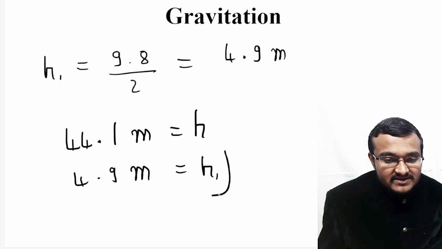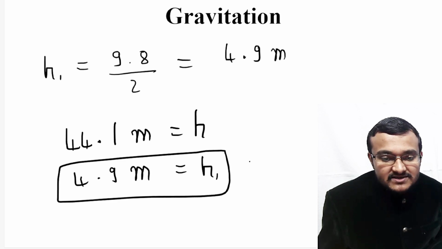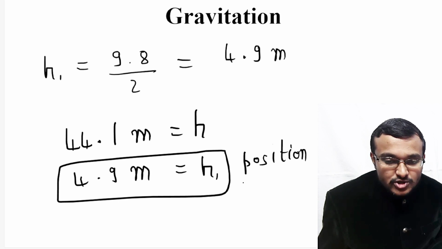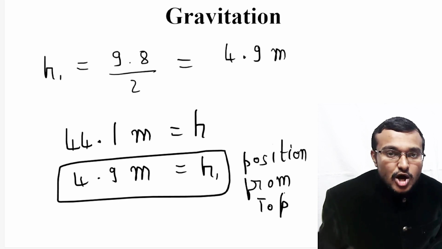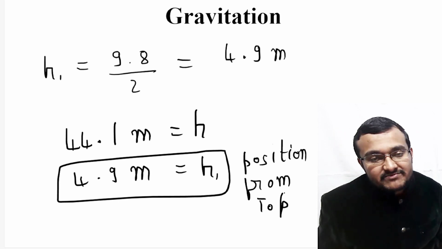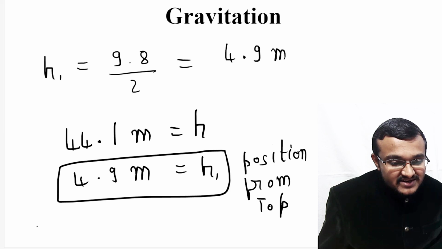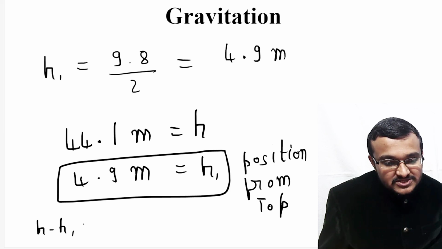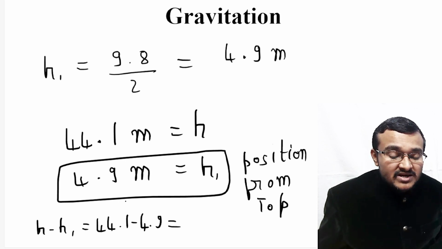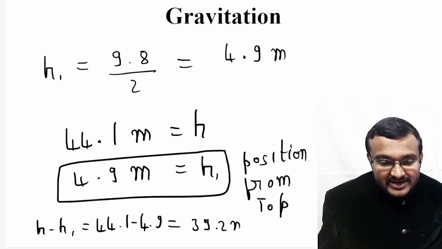This h1 is the position from the top. So from the top towards that position, the height is 4.9 meter. Or you can consider h minus h1. h minus h1 will be 44.1 minus 4.9, which will be 39.2 meter.